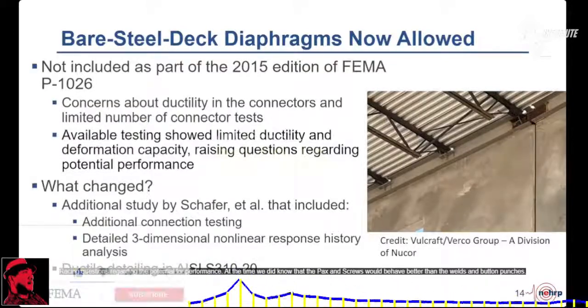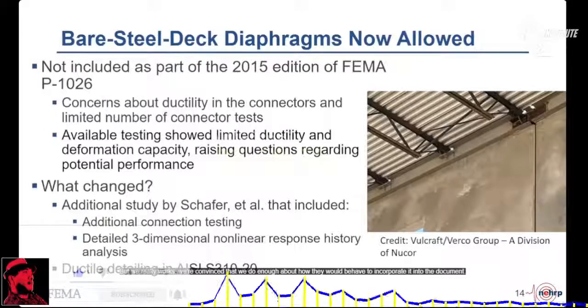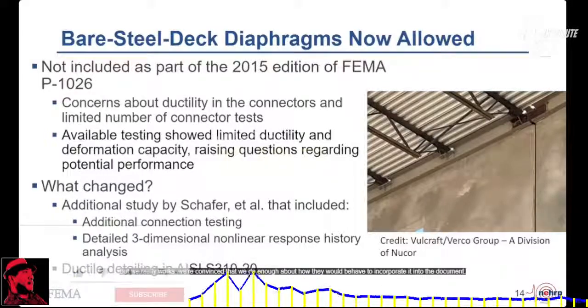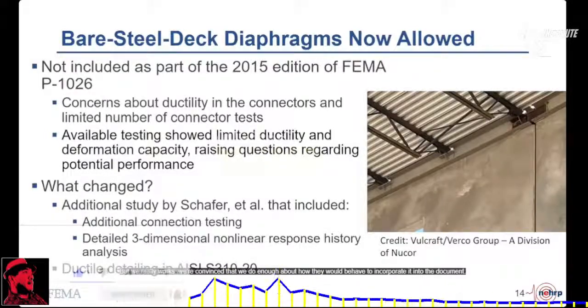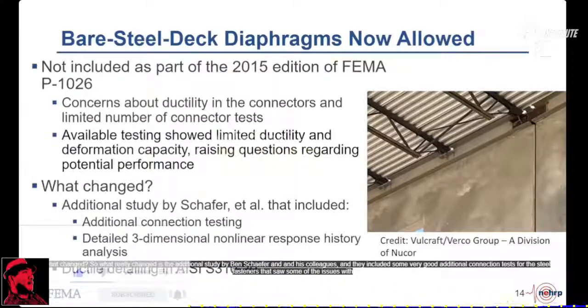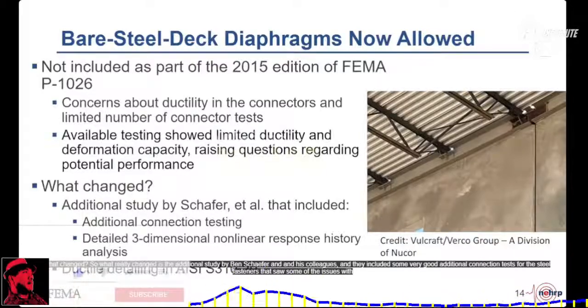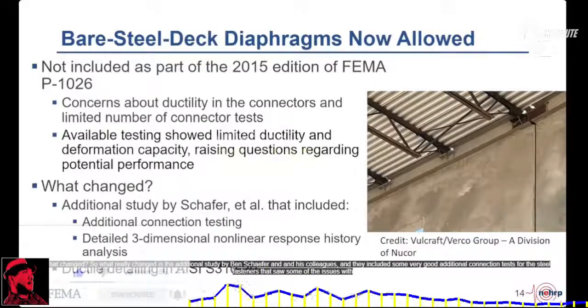At the time, we did know that the PAFs and screws would behave better than the welds and button punches, but we weren't convinced that we knew enough about how they would behave to incorporate it into the document. So what really changed is the additional study by Ben Schafer and his colleagues.